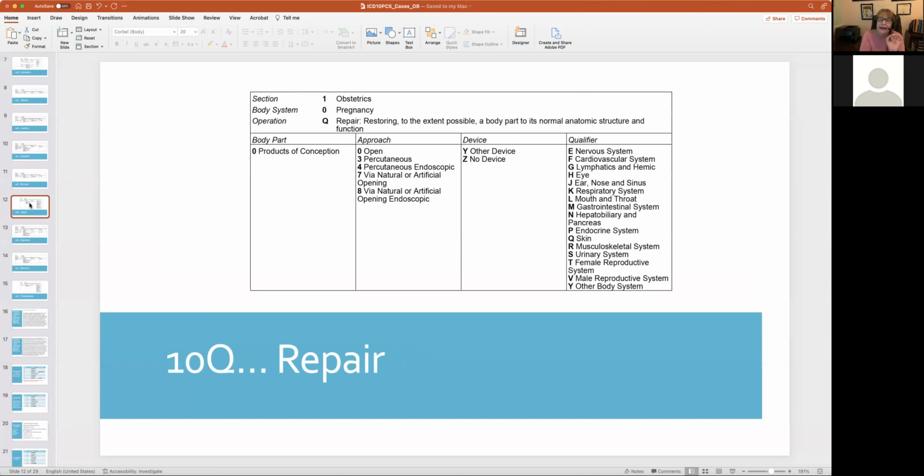Now, I honestly believe this is one of the most fascinating and incredible aspects of healthcare in the United States. Maybe other places, but I know about the United States.